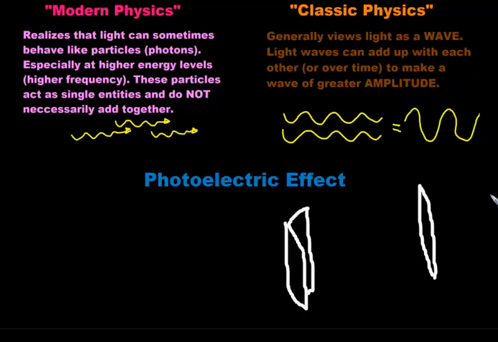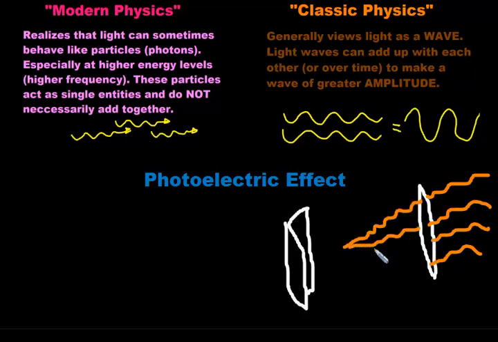Wave theory might picture these waves of light coming in like this into the magnifying glass, and the magnifying glass focuses these waves together, and essentially you end up with a really high intensity, a big amplitude wave that hits the plate like this, and then that would eject electrons.